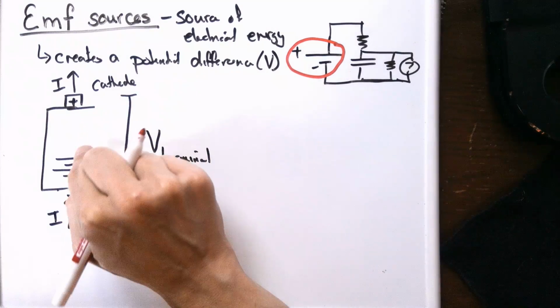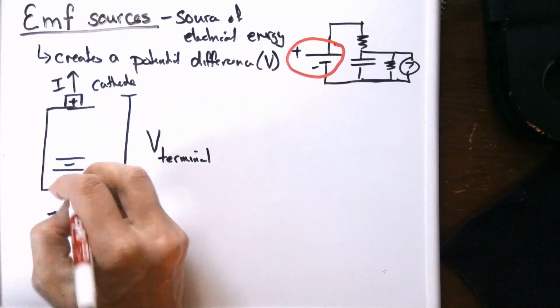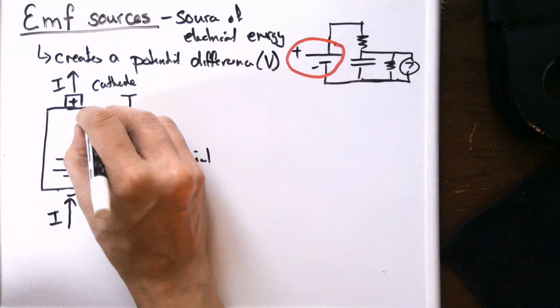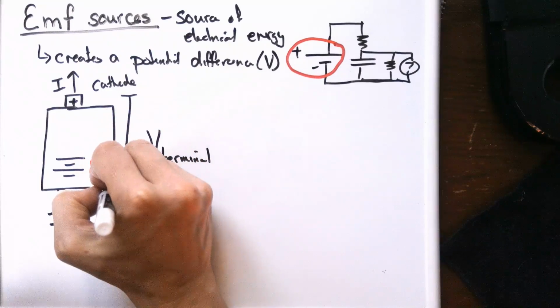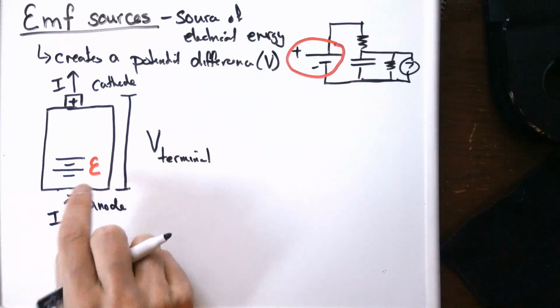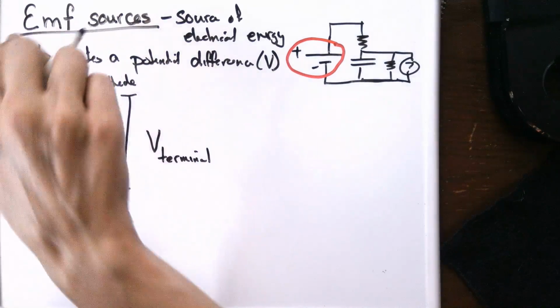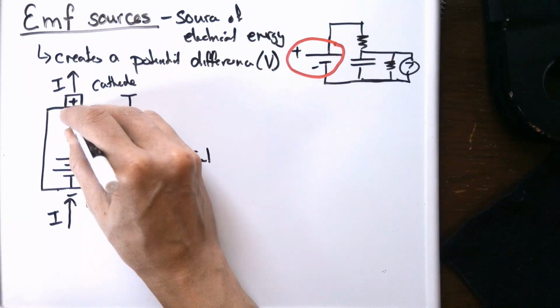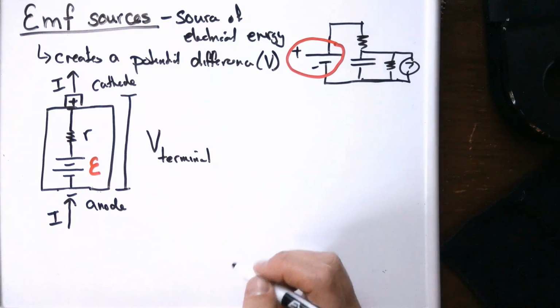The potential difference across the actual power source is E, squiggly E for EMF, and then there's always some little bit of internal resistance.